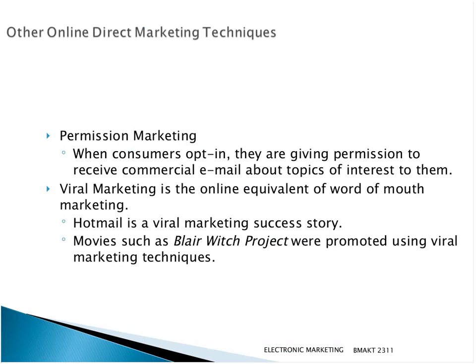Other online direct marketing techniques that you may have: we have permission marketing. When consumers opt in, they are giving permission to receive commercial emails about typical topics of interest. For example, there are websites where you can buy products online. A very good example is www.next.com. It's a website that sells apparel.